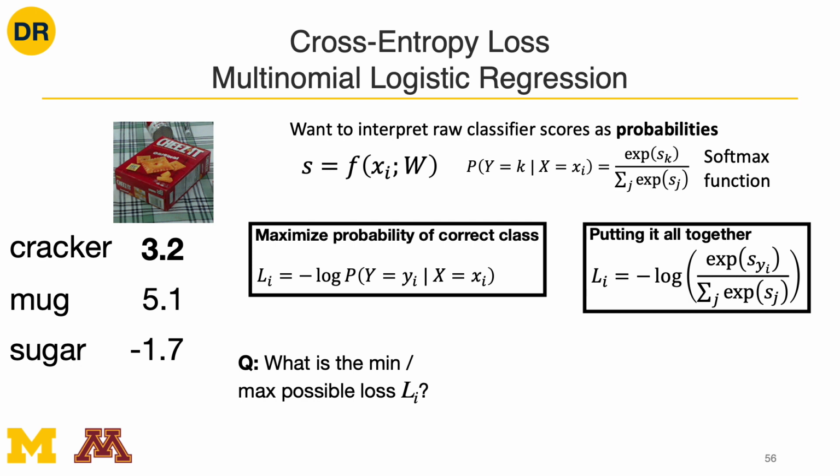The first question is: for this cross-entropy loss, what would be the minimum possible and maximum possible values? If you're online, feel free to talk in the chat.